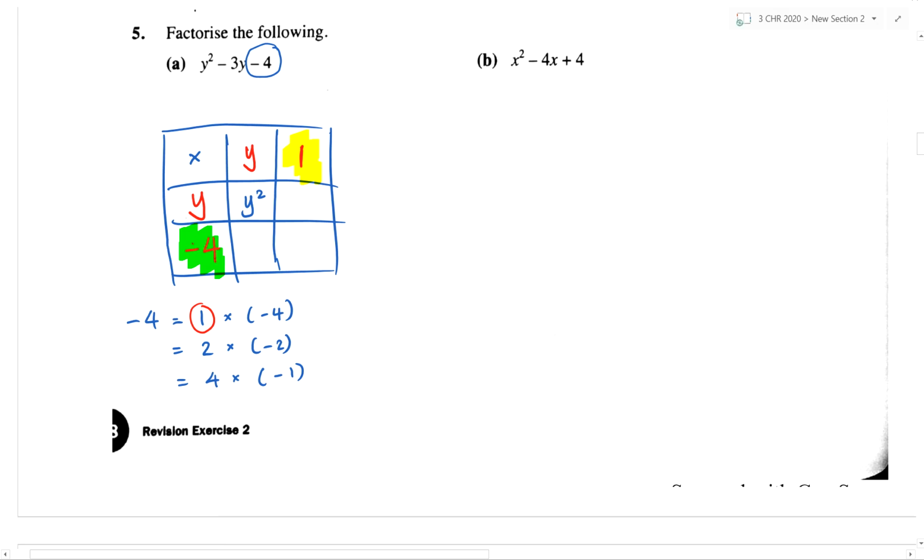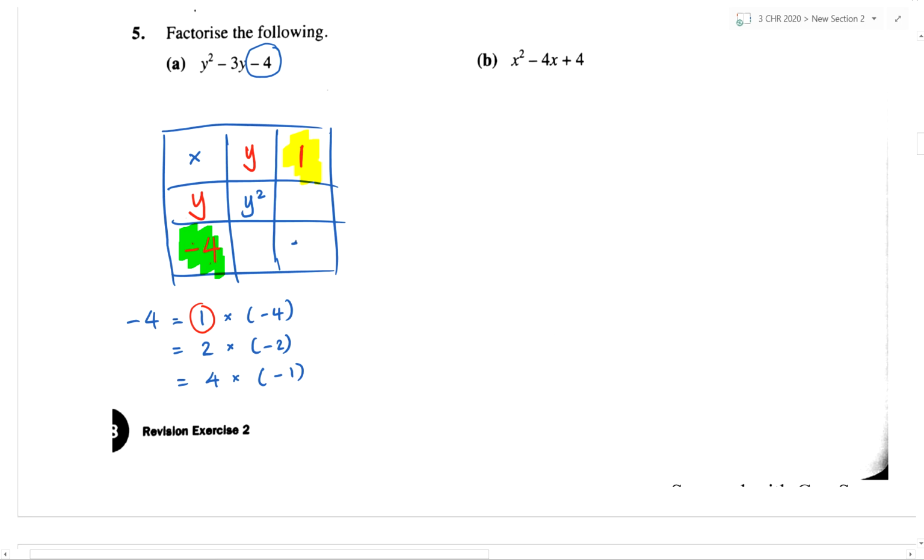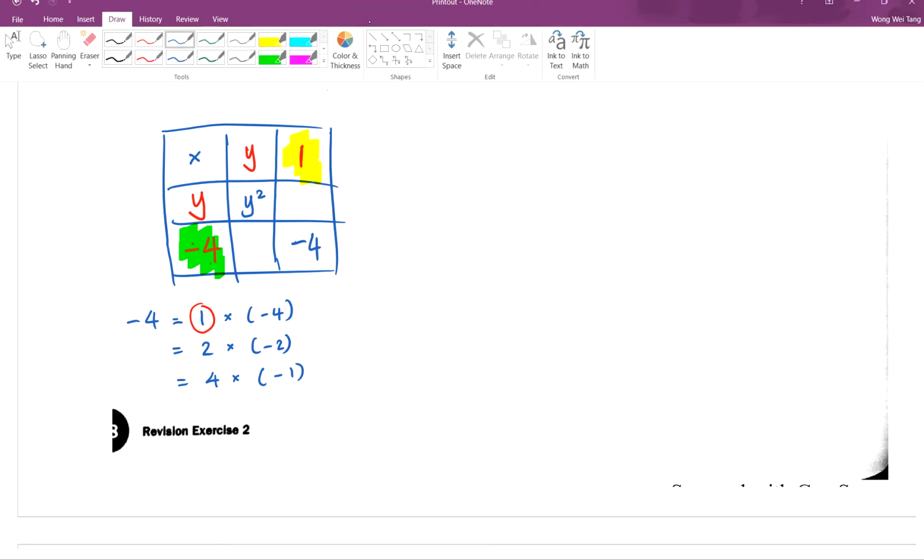So this will be -4. I'm sorry, this bottom right corner should be filled up earlier on already, because this is also fixed. So 1 times -4 will result in -4. Okay, now that we have done the guessing, we now have to do the checking.